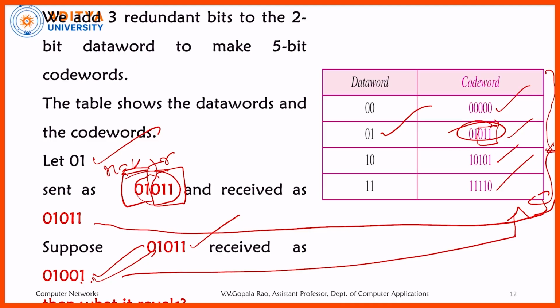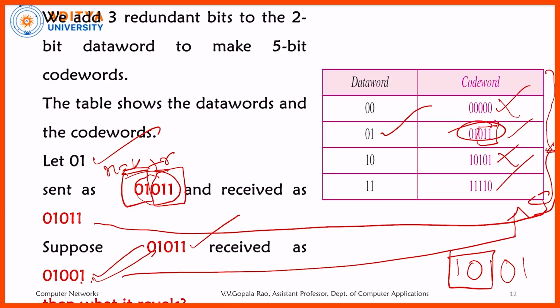So let us say 0 is altered as 1, 1 is altered as 0, and 0 is altered as 1, and the other 0 and 1 are as they are. That means 3 bits are altered. What is our assumption? Only 1 bit is corrupted. So this should not be considered. This one has also failed.